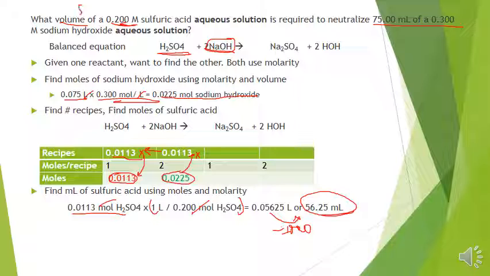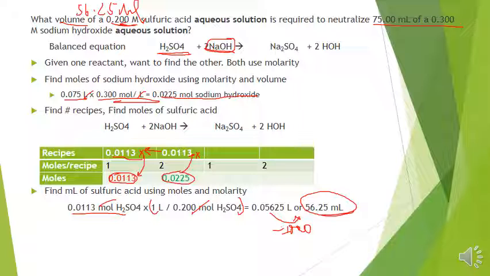So what this says is you need 56.25 mL of 0.2 molar sulfuric acid to balance out 75 mL of 0.3 molar sodium hydroxide.